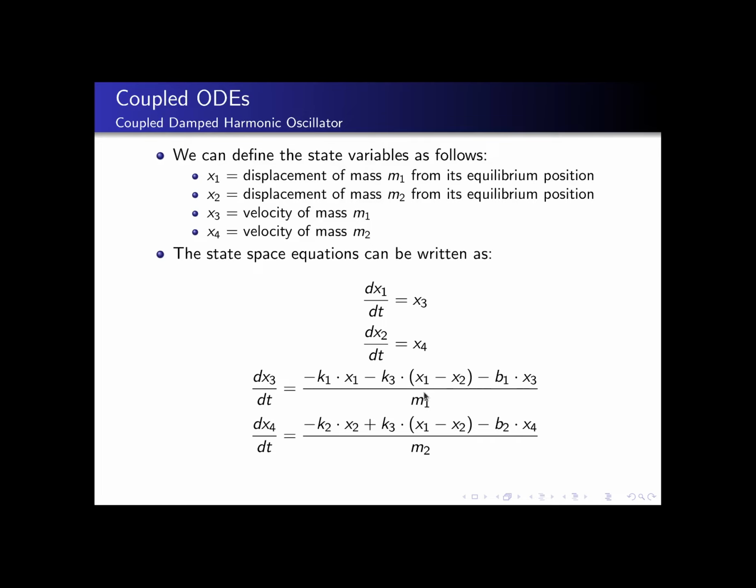So you can see the difference here in a minus sign on K3 for x3 and a plus sign of K3 for x4. That indicates that one of the masses is going to be moving to the right while the other one's moving to the left and so forth. They kind of have an opposite pull on each other.